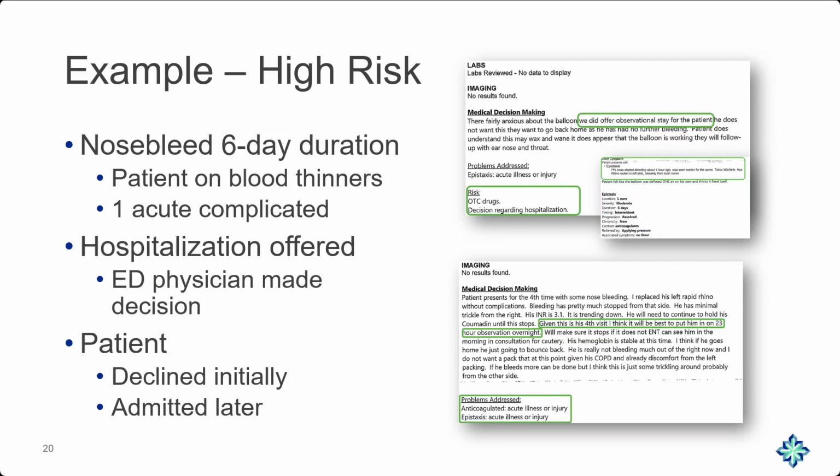So what you see in the documentation, the way this facility has theirs laid out, they have a section for medical decision making, and they are talking about how they offered that hospitalization or that observational stay for the patient. They do have that background of the multiple episodes. Here they have a risk section where they're talking about having managed over-the-counter drugs, and that they made that decision regarding hospitalizations.